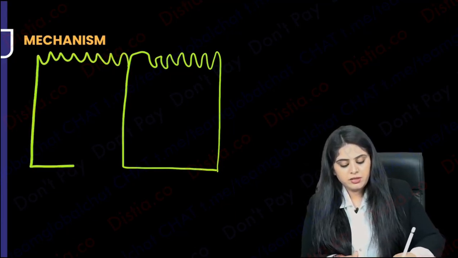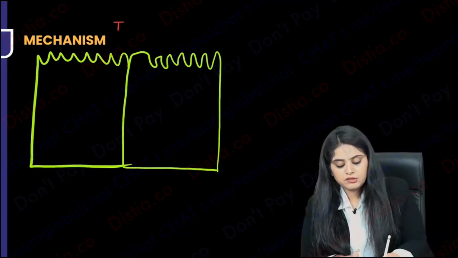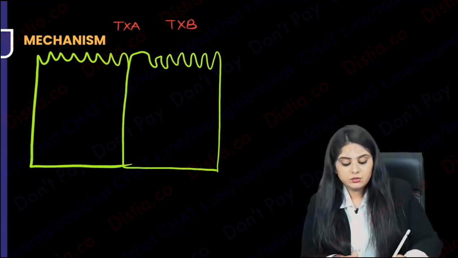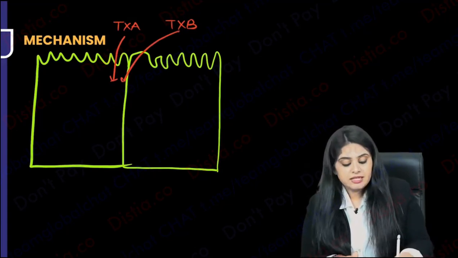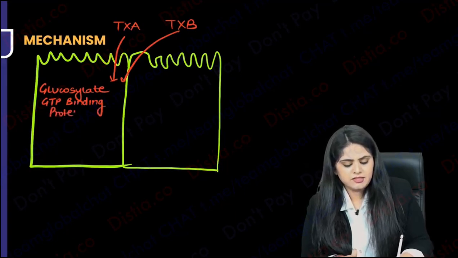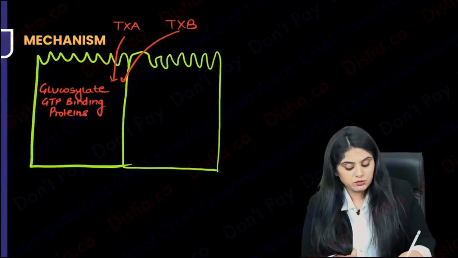Now I'm not drawing too many to save space. We have toxin A and toxin B which have come into the system. As soon as toxin A and toxin B will come into these cells, you know what they are going to do? They are going to go and attack the GTP binding proteins. They glucosylate the GTP binding proteins. What are the GTP binding proteins? If you can learn the names, otherwise even if you learn GTP binding protein is good enough.